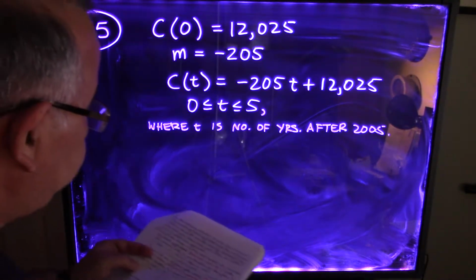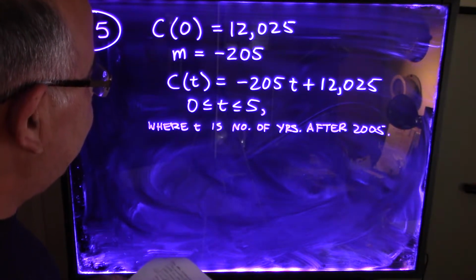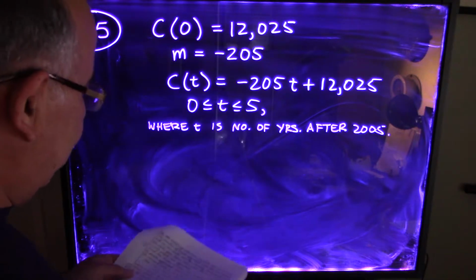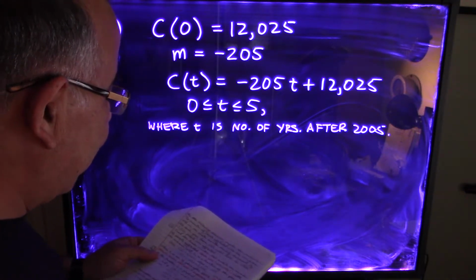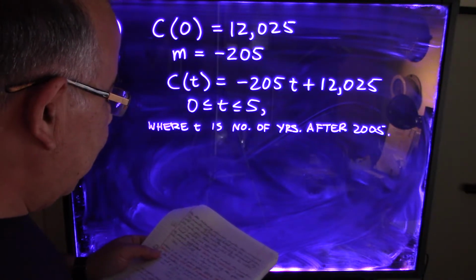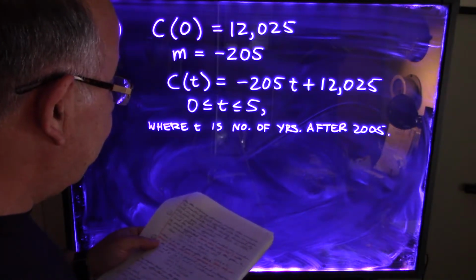The book does not specify the domain restriction in its answer, and it doesn't elaborate on what t means here. Again, t is the number of years after 2005.